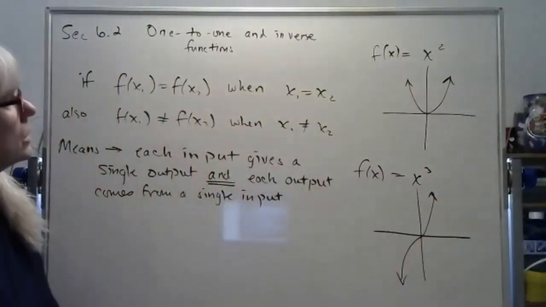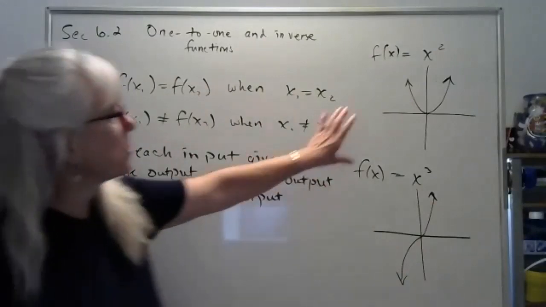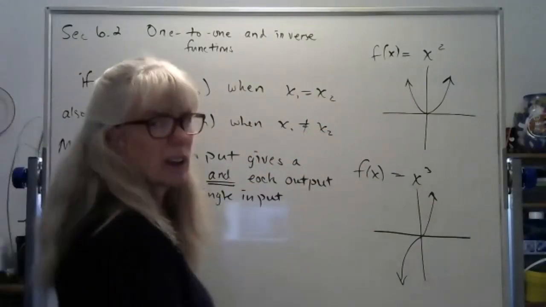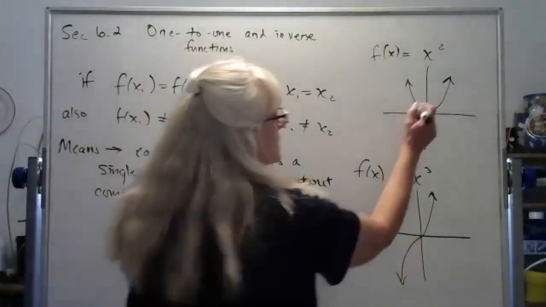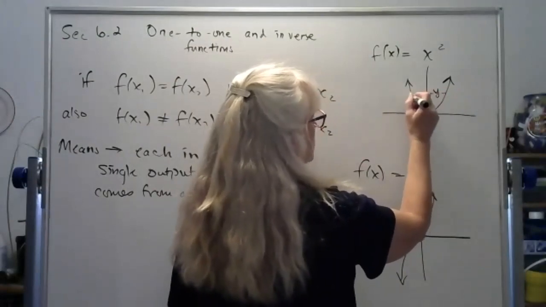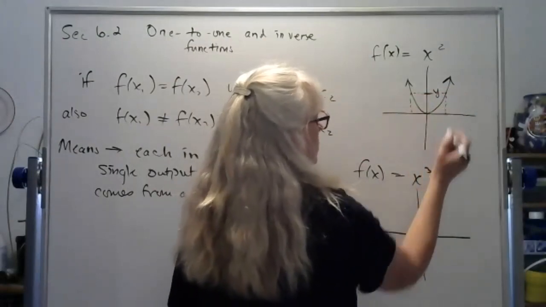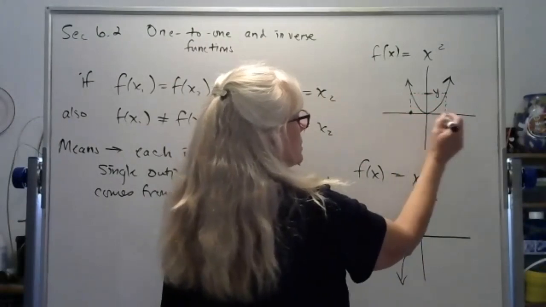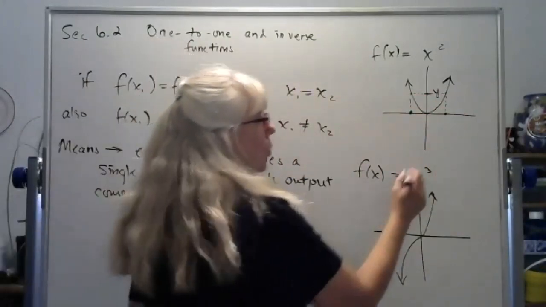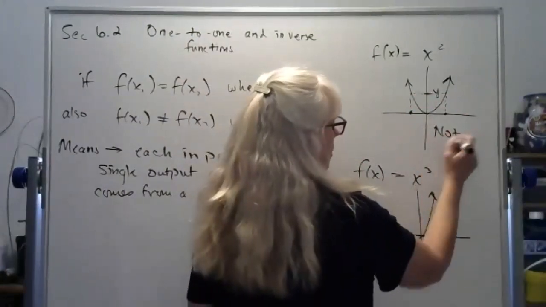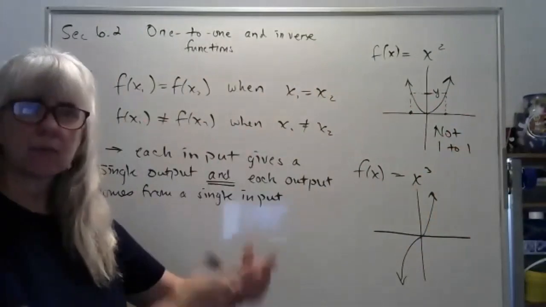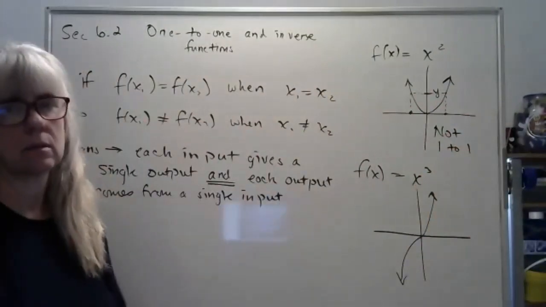Okay. So my question is whether or not that parabola is a one-to-one function. Well, no, it's not, because if I pick a single y value right here and follow it over, doesn't it have two different x values that it comes from? So it's got an x value on this side and an x value on this side. So that parabola is not one-to-one, because one output came from two different inputs.